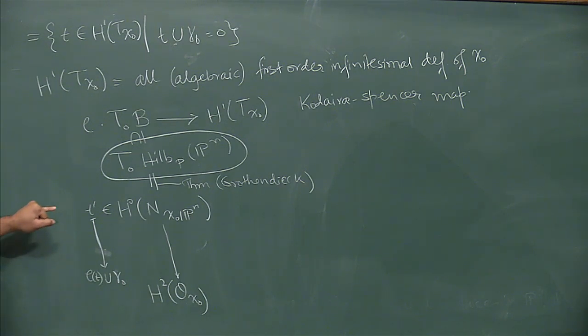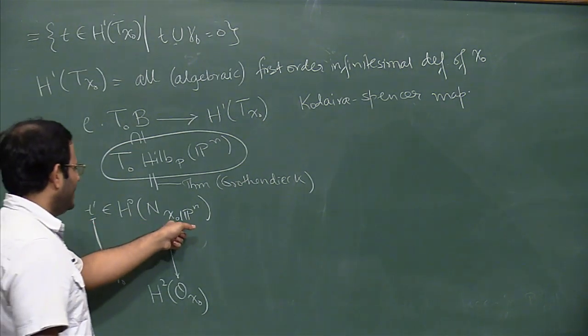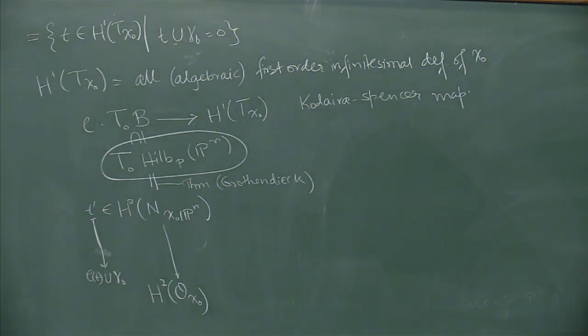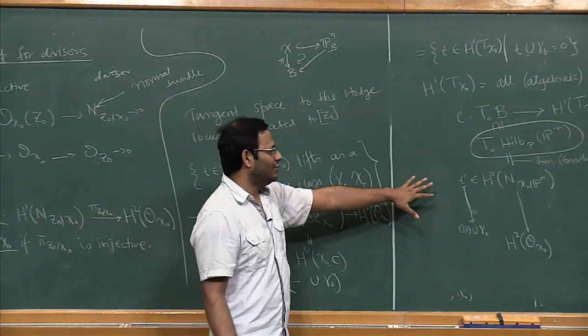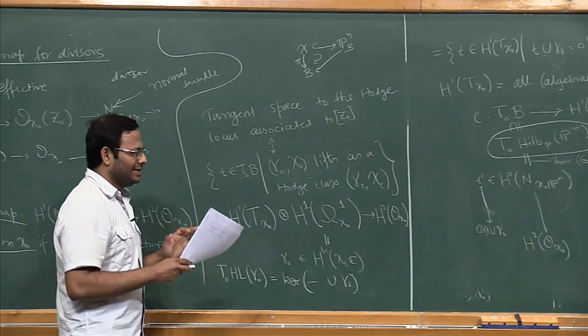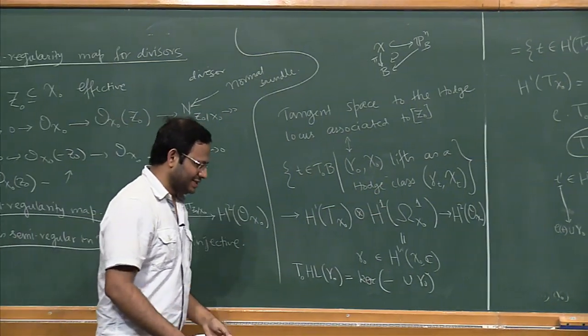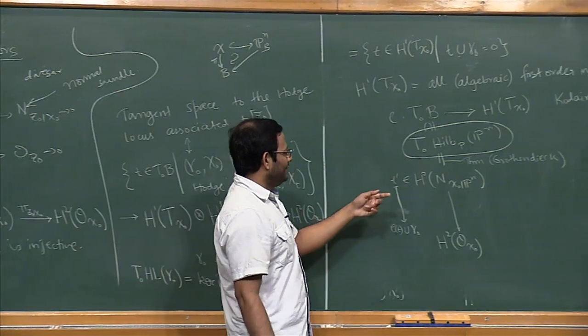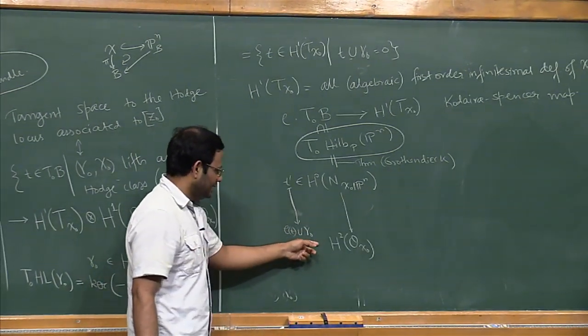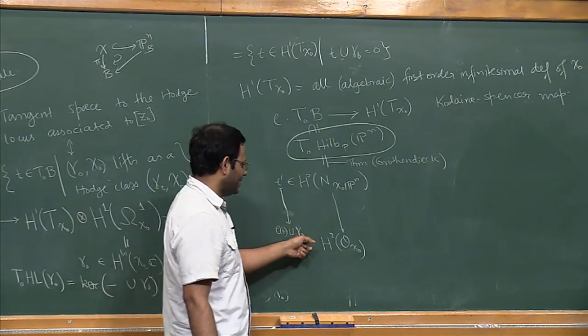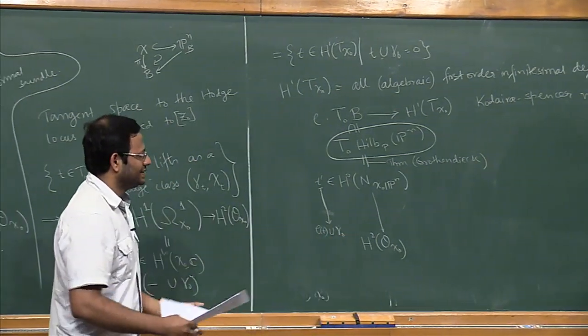So, this in some sense consists of all the infinitesimal deformations of x0 inside Pn, such that the Hodge class gamma 0 lifts as a Hodge class.